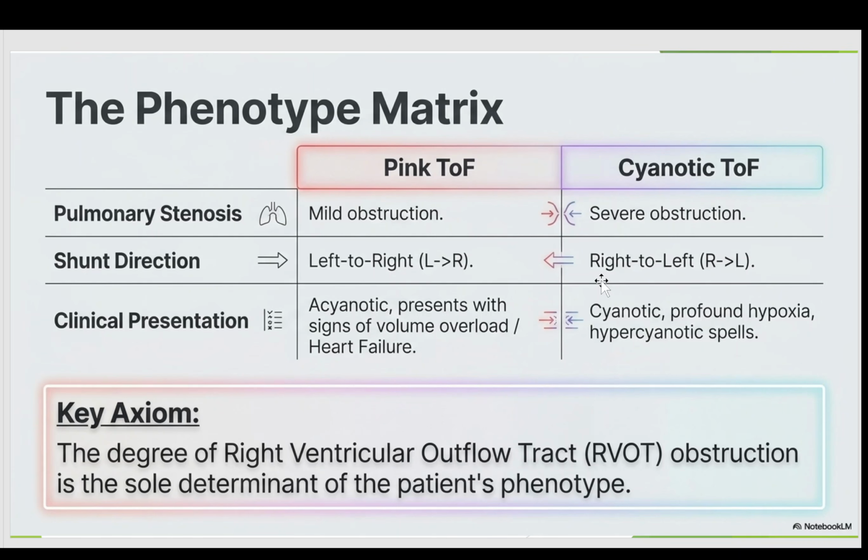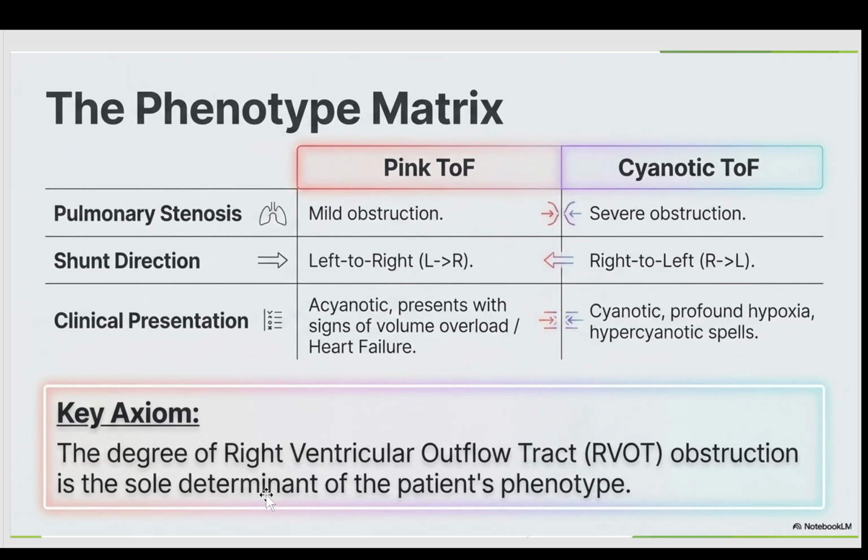So pink TOF is a patient presenting mostly with an insignificant murmur, and in cyanotic TOF, when the patient has developed significant stenosis, the patient can be cyanotic or can have profound hypercyanotic spells. We should remember that the degree of right ventricular outflow tract obstruction is the sole determinant of how the patient is going to present to you.